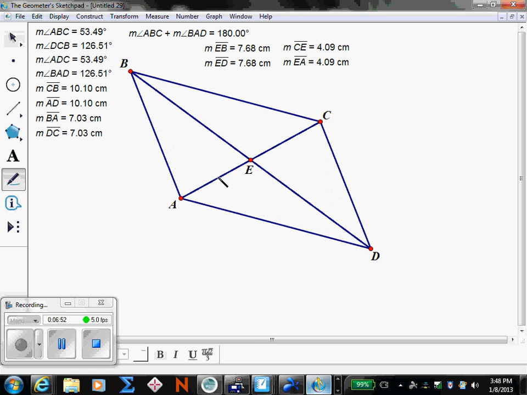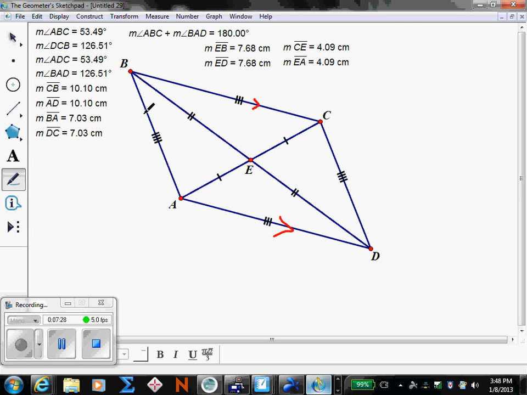So we can put congruent marks on those. And we should also probably put congruent marks on the opposite sides. Okay, and then I can also mark that the opposite sides are parallel, so that we remember it's a parallelogram.